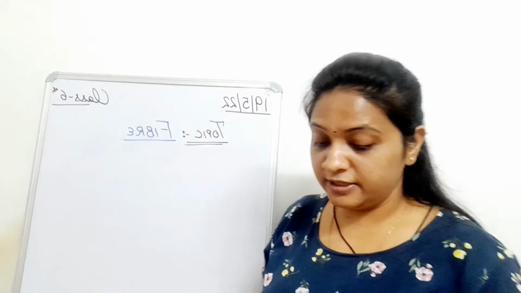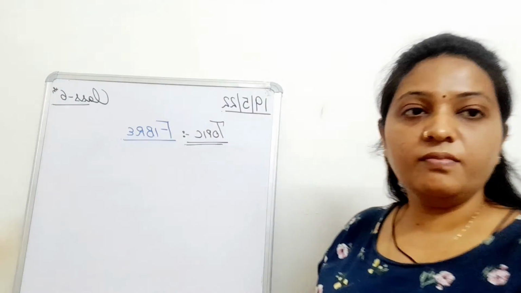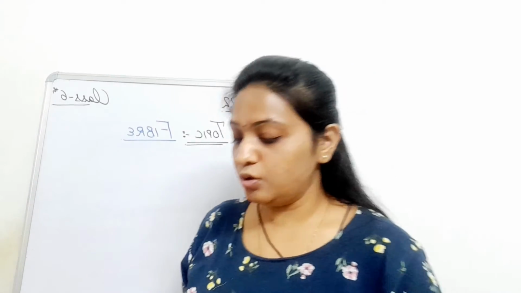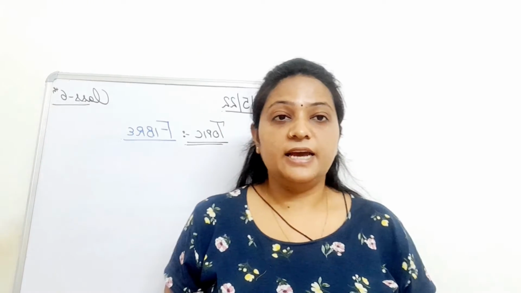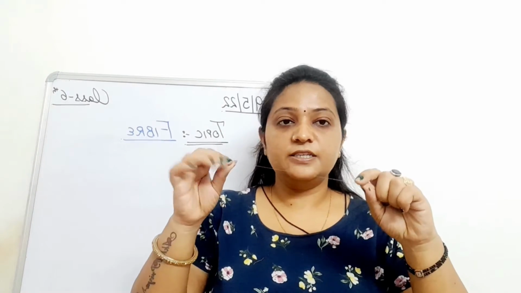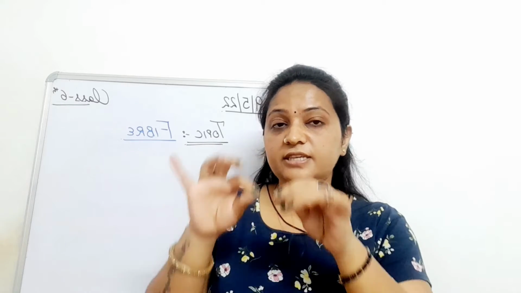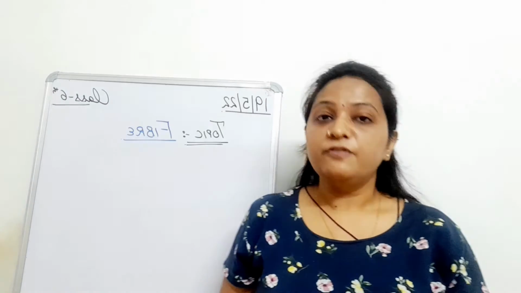Very good, students. Now we will study its classification also. But before that, I am going to ask you some questions. This thin thread splits at both ends. So these are made up of, very right, fibers.